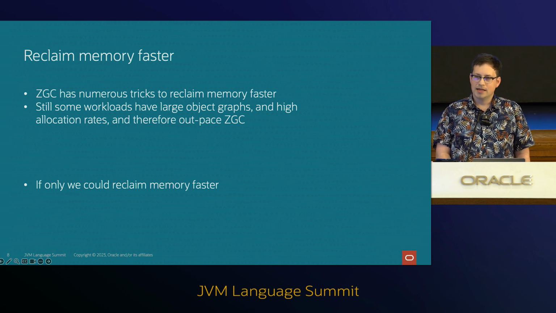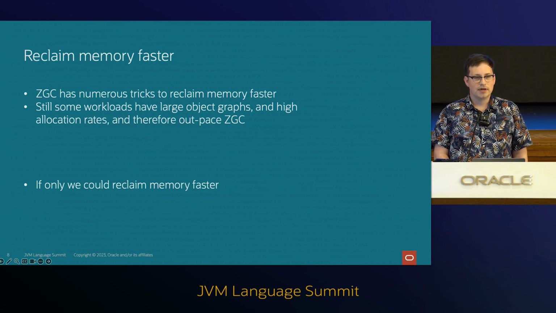So in some workloads, particularly if you have large object graphs and large allocation rates, it's going to be a bit nasty. So what would be really nice is if we could somehow find a way of reclaiming memory faster.